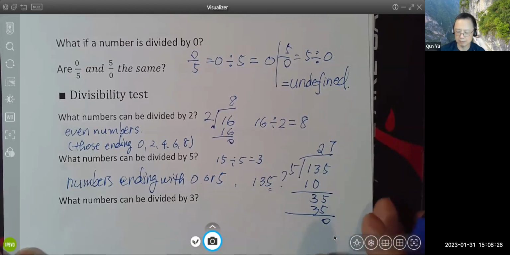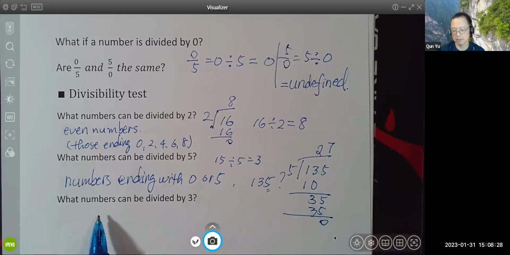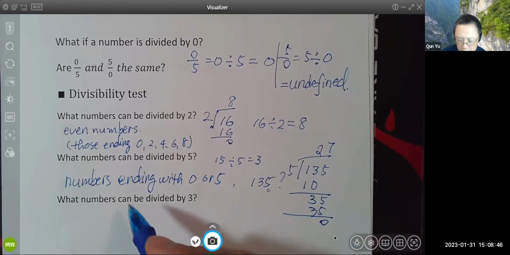Now the last one, what numbers can be divided by 3? Again, same logic. Multiples of 3 can be divided by 3 because when you divide by 3, the result is a multiple itself. So how do we identify a number to be a multiple of 3? This one is a little bit different, but the logic is the same.